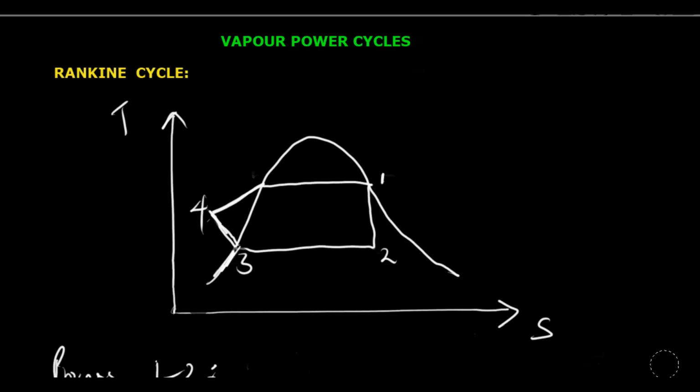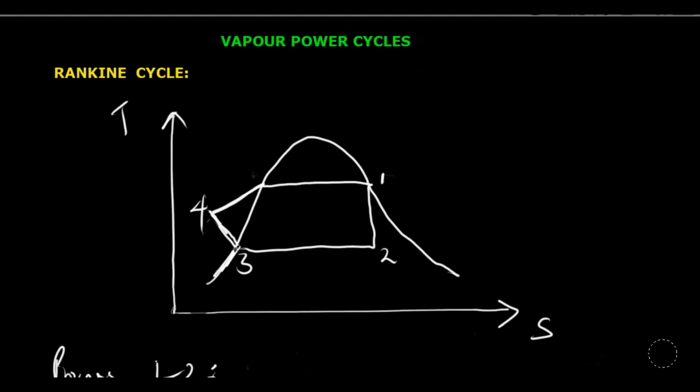So what do we mean? If you look at the TS diagram we have here on the screen, you can see that from process 3 to process 4 is where we have the isentropic compression. For a Carnot cycle, it is usually very small, smaller than the Rankine.